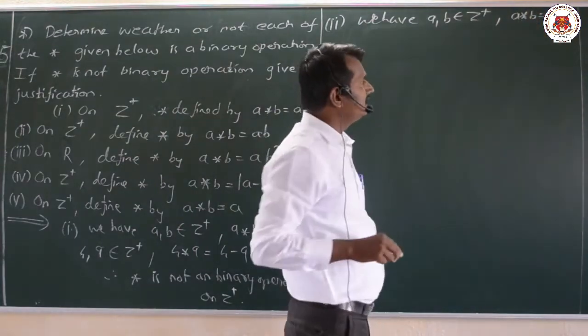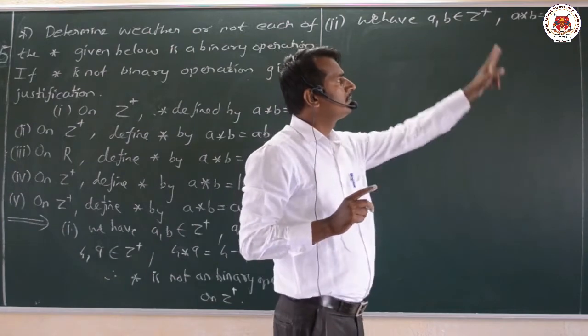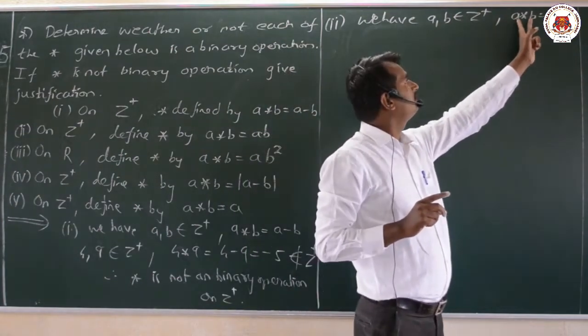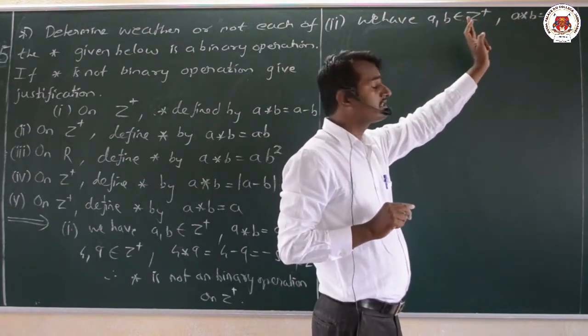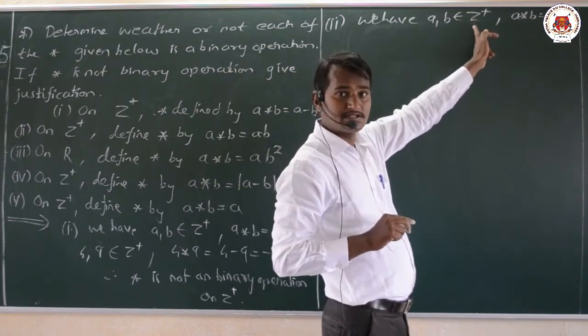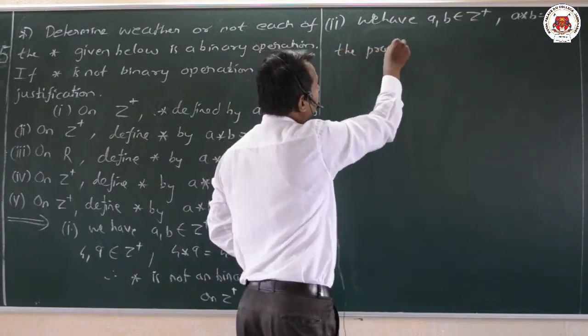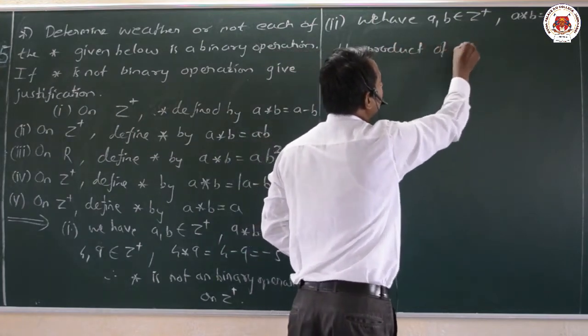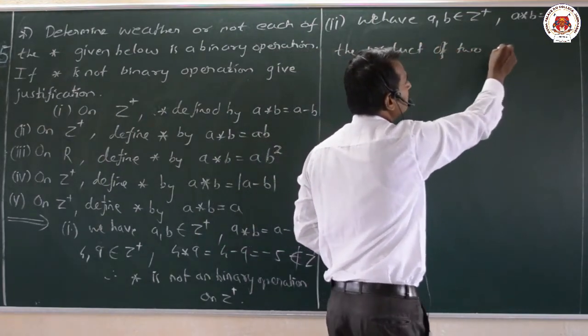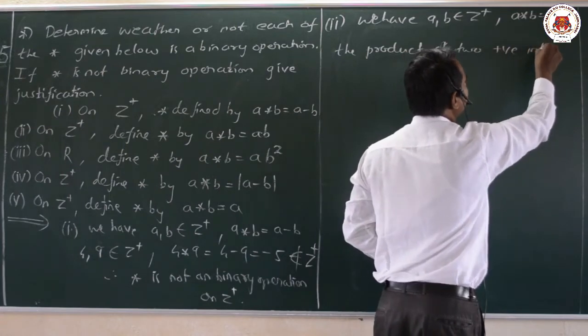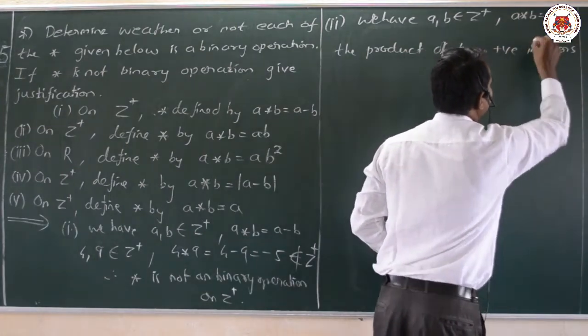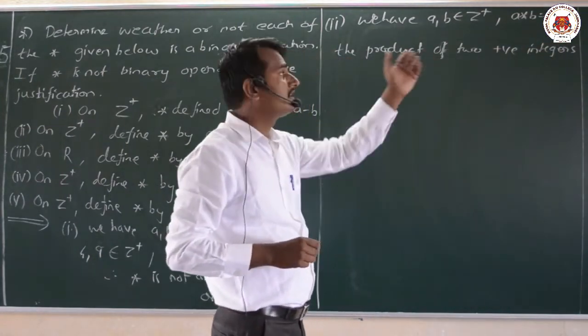So now here we can observe that a comma b belongs to Z plus, that means a and b both are positive integers. The product of two positive integers also gives us an integer.